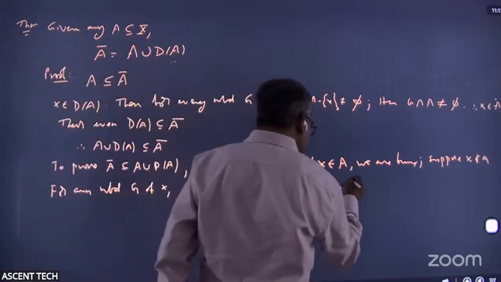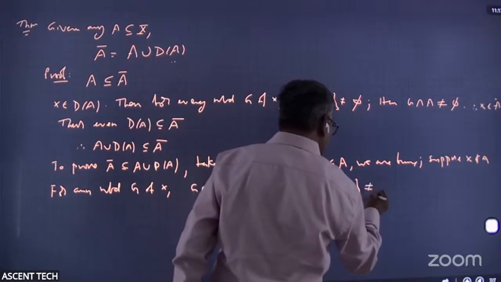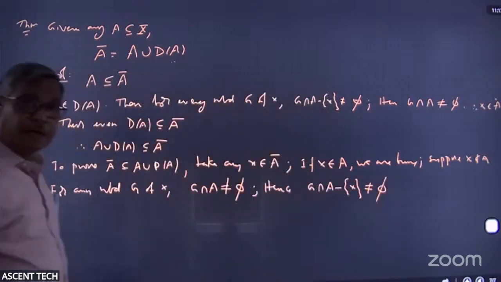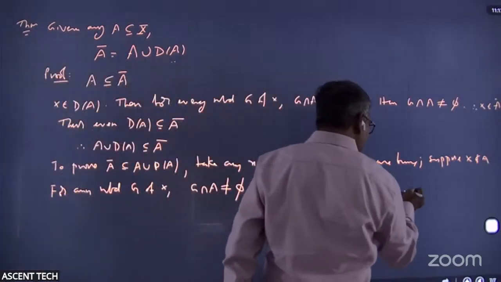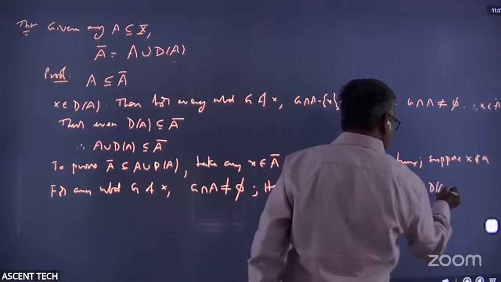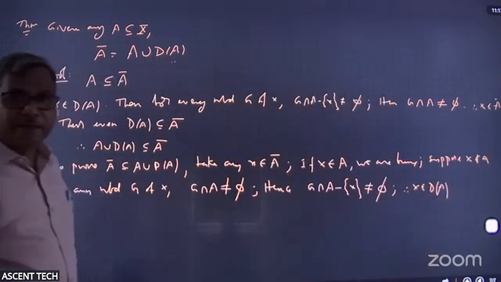So this minus this is also non-empty. Therefore X has to be a limit point. Therefore X is in dA. Yeah, I was not thinking properly. It's very obvious.